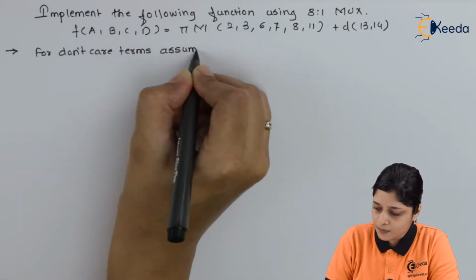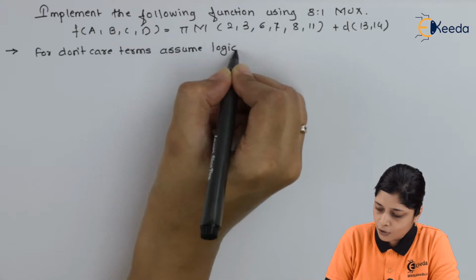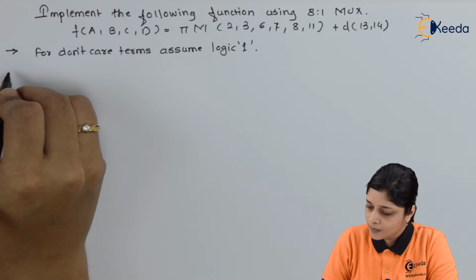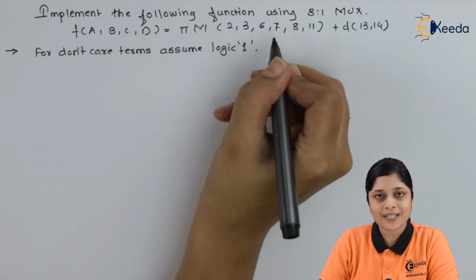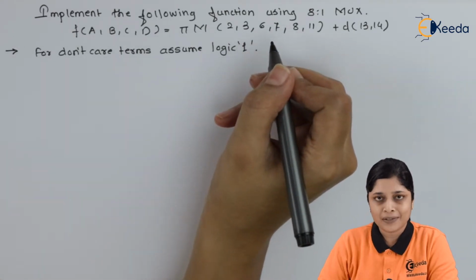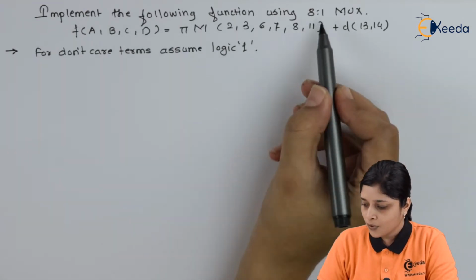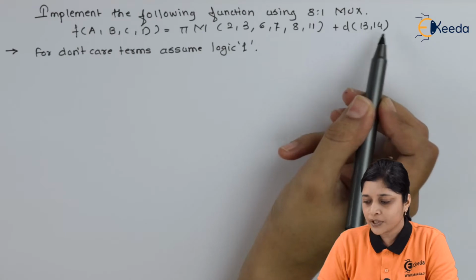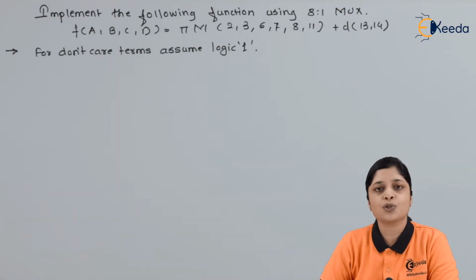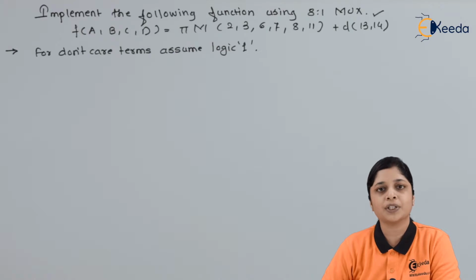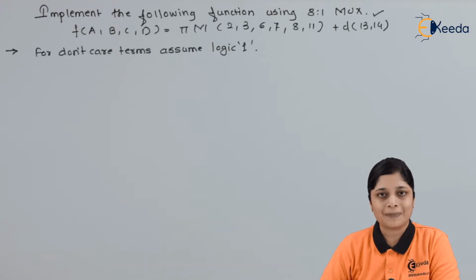Then you have to keep max terms as it is in the table and you have to circle the remaining min terms. So here 11, 13 and 14 are present, so 16:1 mux is normally what we are going to use, but the requirement here is the 8:1 mux, so we are going to convert it into 8:1 mux.